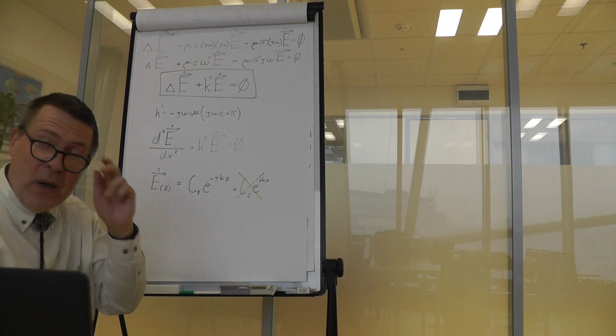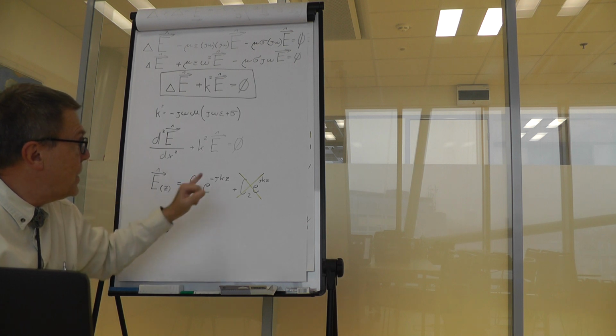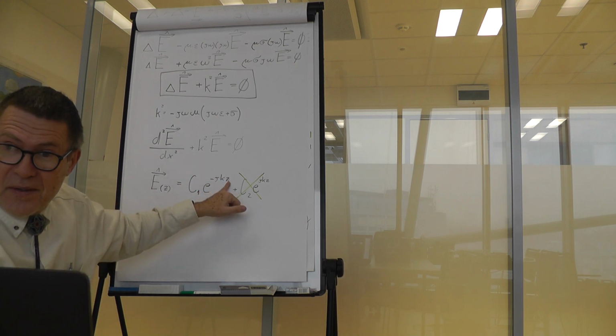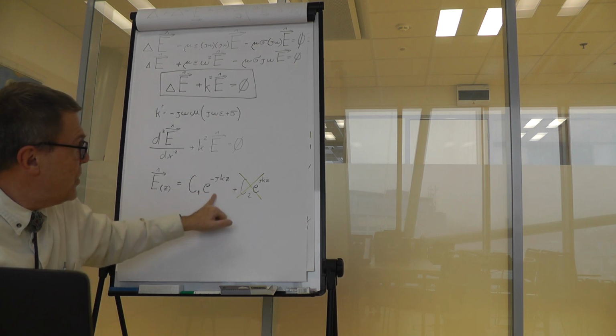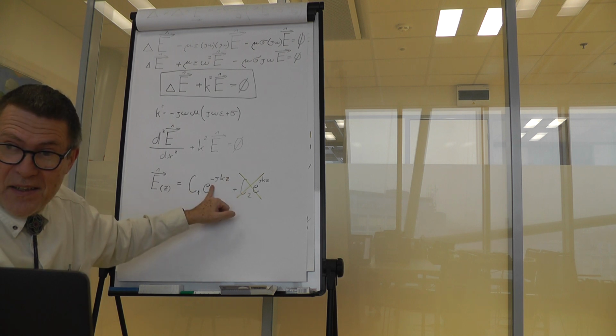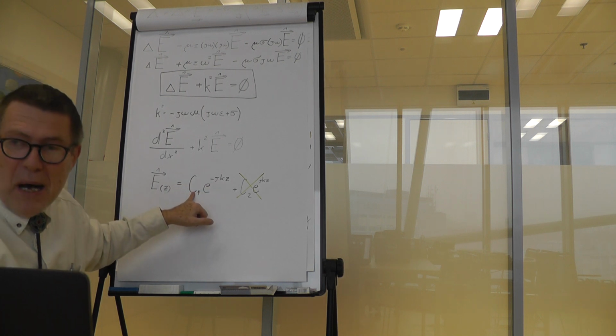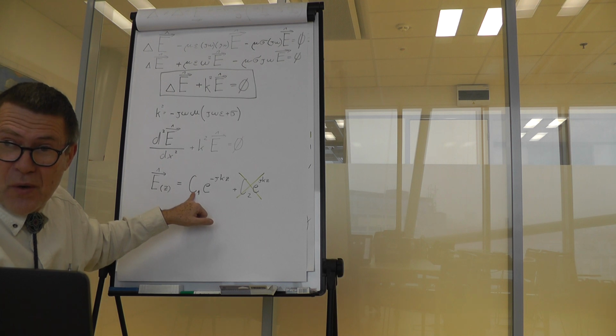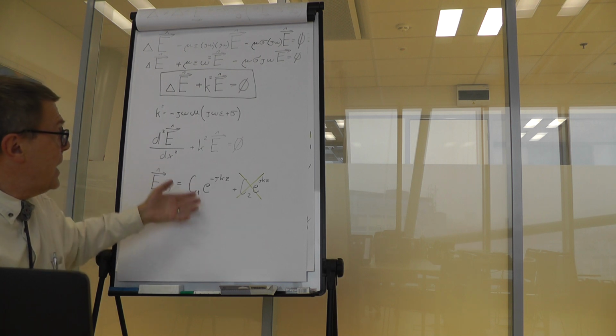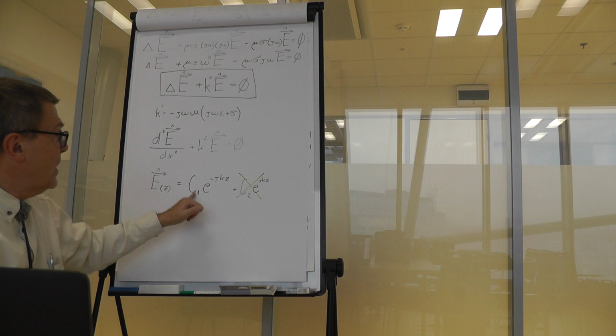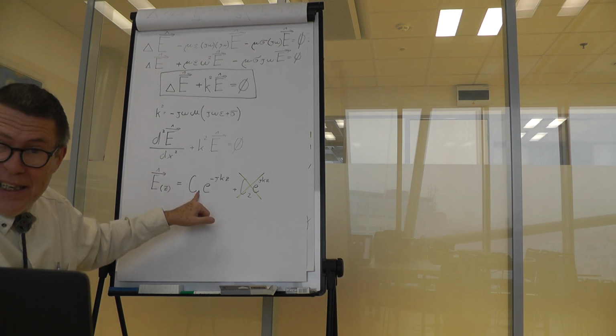Where? Well, we will find, let's put z to 0. Then this exponential gets to unity. So this constant must be the phasor of the propagating wave at z equivalent to 0. And we can then call this constant E0.